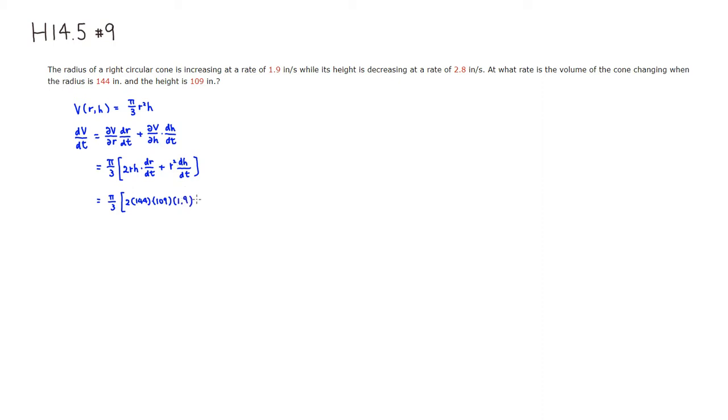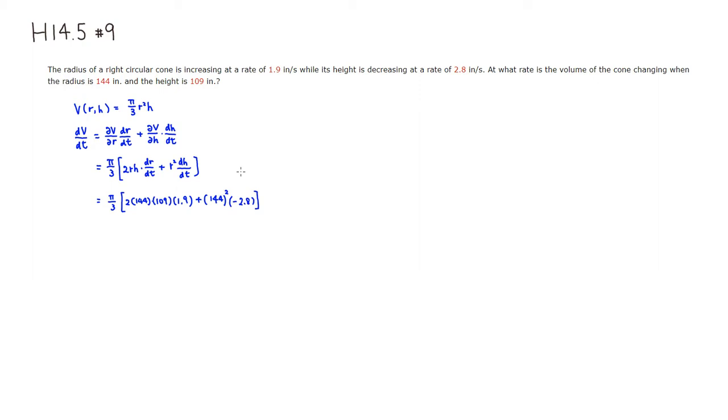Plus, radius is 144 and we have to square that, and the rate of change of height is decreasing, so it's going to be negative 2.8. All right, so we have that.